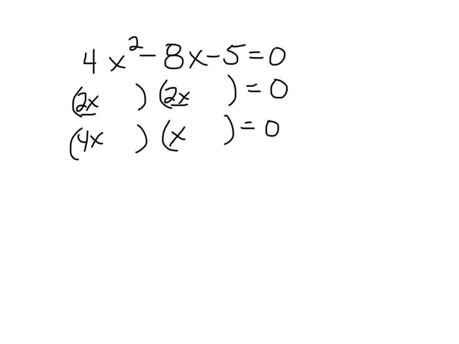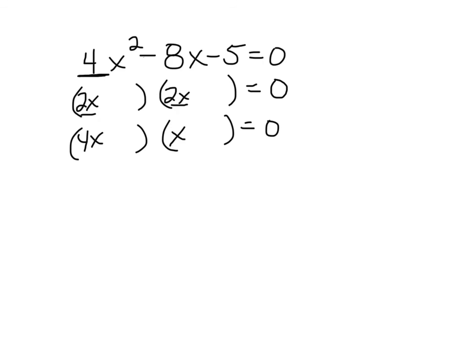This type of problem can certainly be solved by factoring if you want to play with it a little bit. However, there is another method known as the quadratic formula that probably would work a little bit better if you have a number in front of the x squared that is something other than a 1.